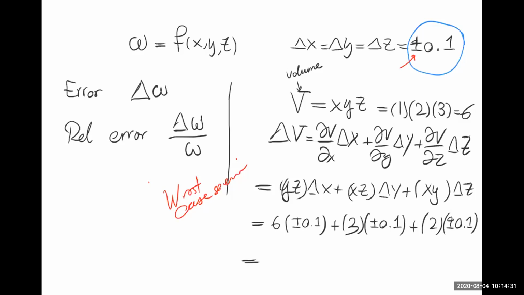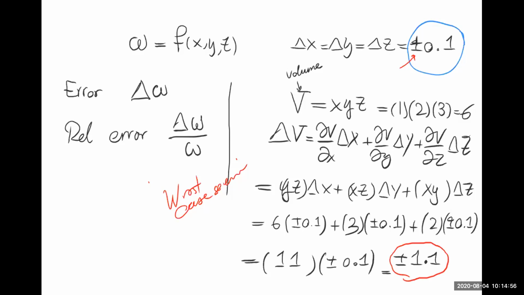Now, it would be 0.1 plus or minus times the sum of these numbers, 6 plus 3 plus 2, which is 11. So the potential error we might have is plus or minus 1.1. This thing is the error in the volume of the box.